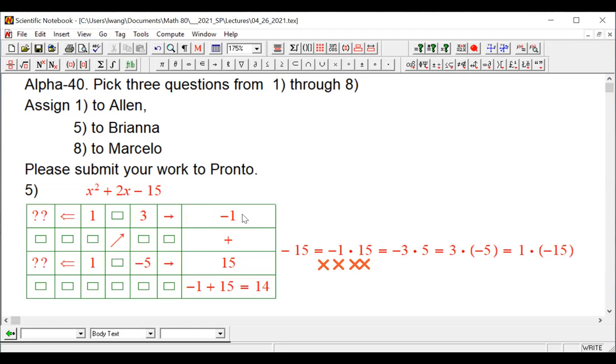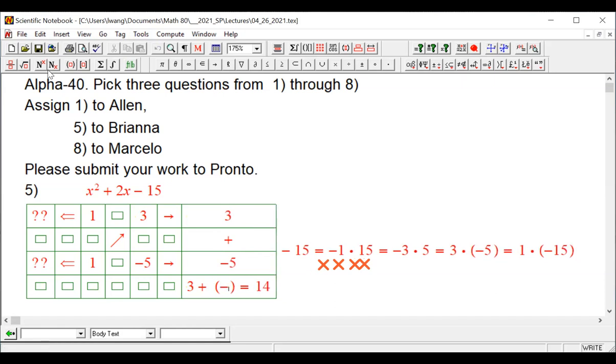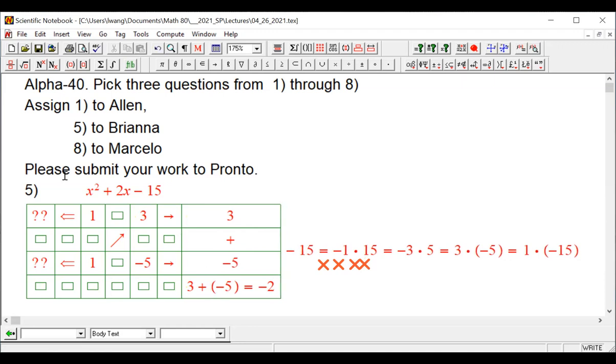Okay, so 1 times 3 is 3. 1 times negative 5 is negative 5. And 3 plus negative 5 we end up with negative 2. And negative 2 does not match a positive 2.